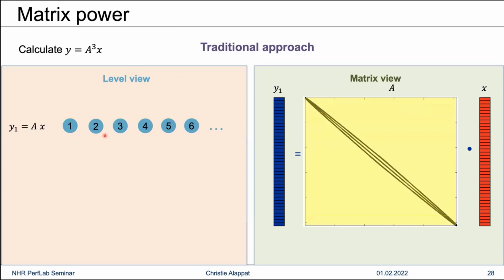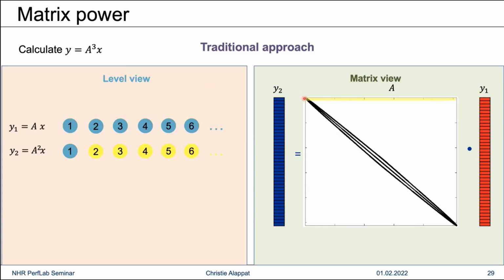Once Ax is computed for all rows, we start with the computation of A squared x. When we start the computation of A squared x, we access the first row of the matrix A, which was already accessed when computing Ax.